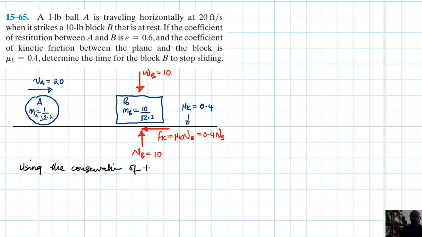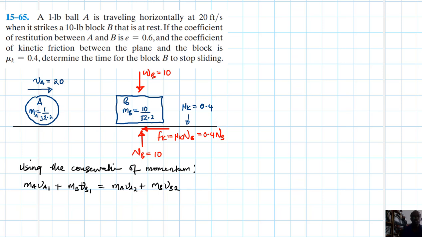Using the conservation of momentum, we have MA VA1 plus MB VB1 equal to MA VA2 plus MB VB2.